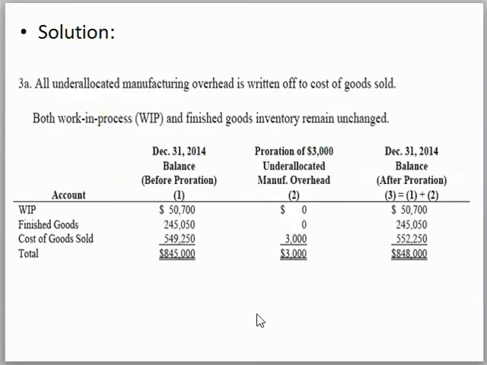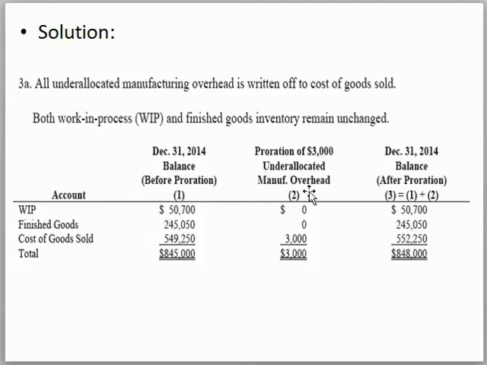Here, all under allocated manufacturing overhead is written off to cost of goods sold. Both work in process and finished goods inventory remain unchanged, as we said. This is the balance before proration: work in process 5,700, finished goods 245,050, cost of goods sold 549,250.